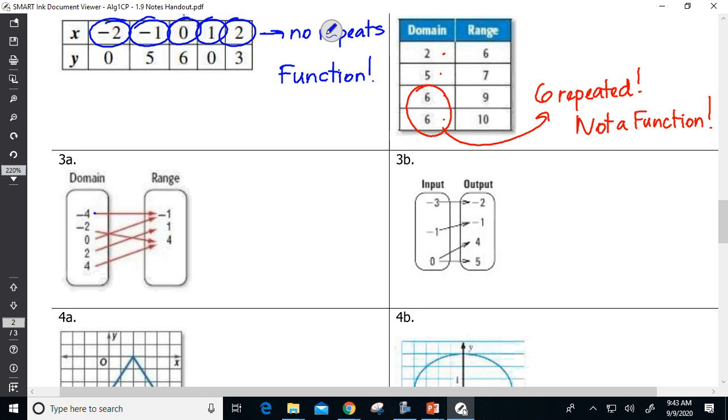So 4 goes to -1, one arrow. -2 goes to 4, one arrow. 0 goes to -1, one arrow. 2 goes to 1, one arrow. 4 to -4, one arrow. Each of them only had one arrow.